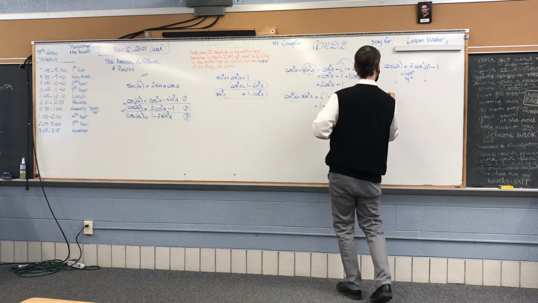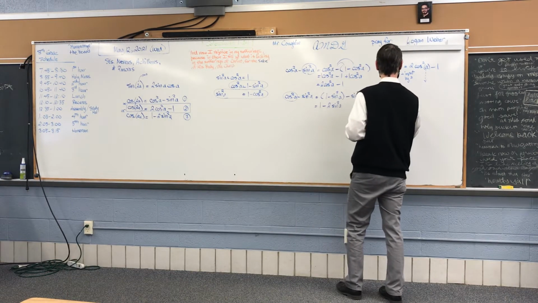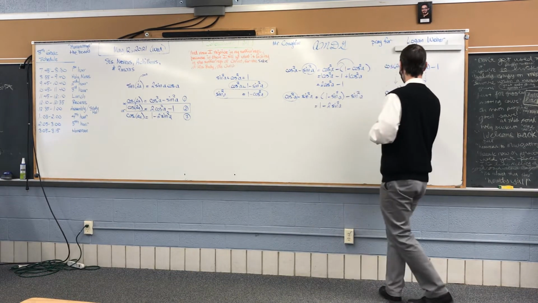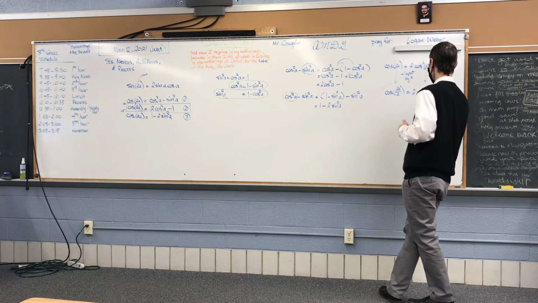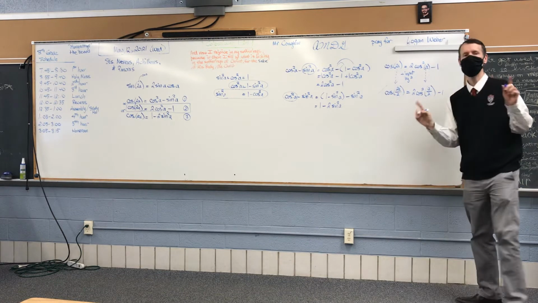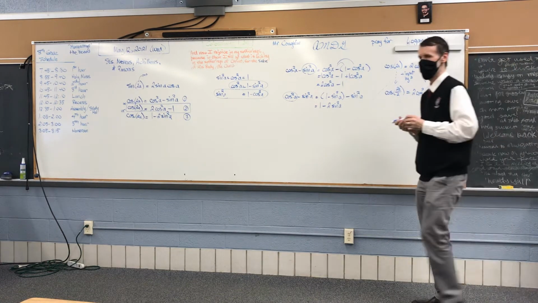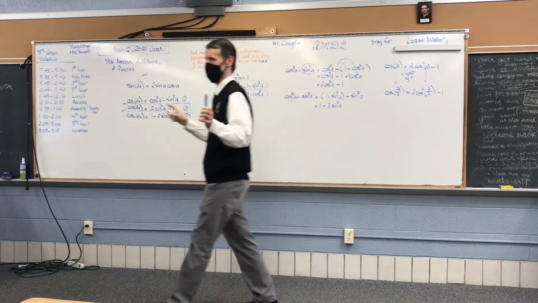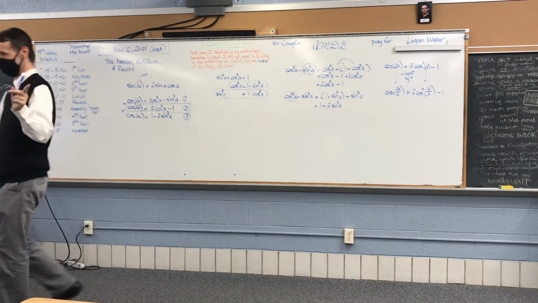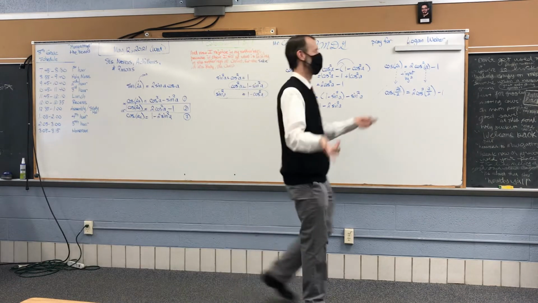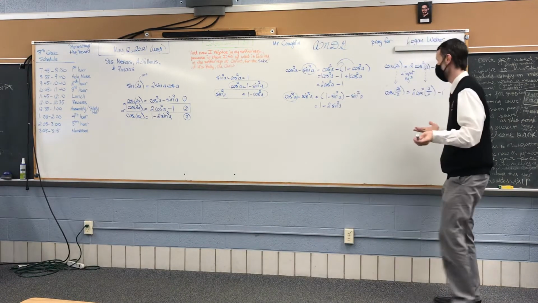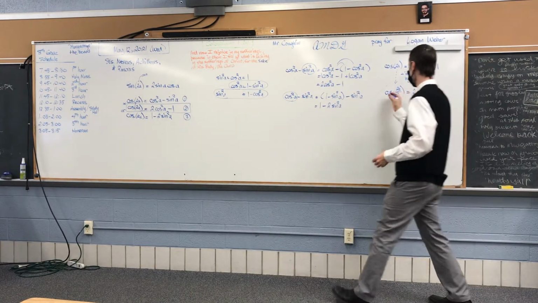Here's what it looks like. Cosine of 2a over 2 equals 2 cosine squared of a over 2. So the inputs, divide them both by 2. You can do that as long as you do the exact same thing to both sides, it's legal. If you multiply the outputs by 2, legal. Multiply the inputs or divide the inputs by 2, legal. Just simplify it.